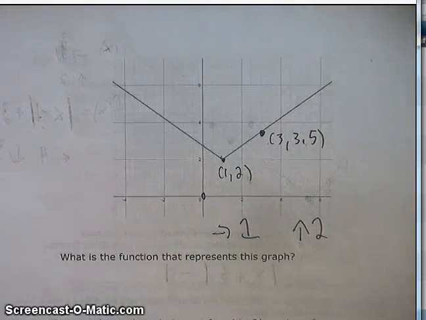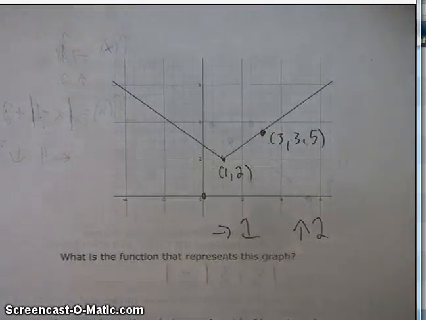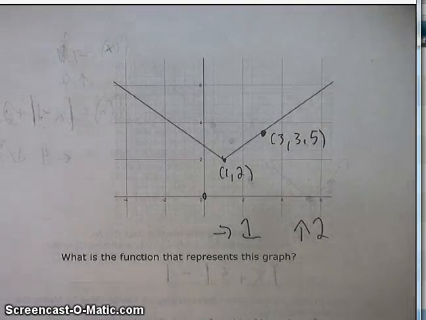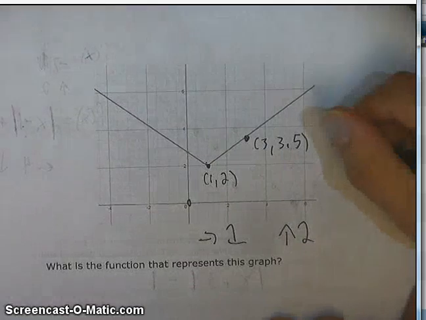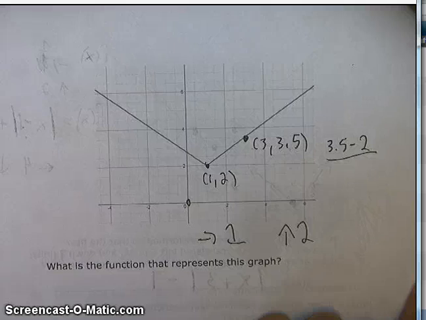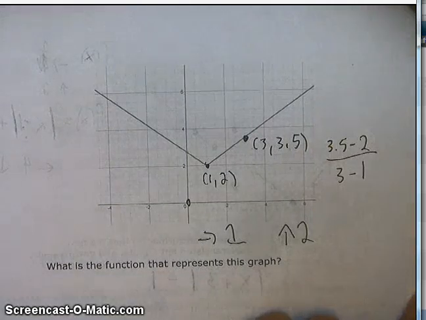So there's definitely something going on with the slope here, and we can just use the slope formula to figure out what it is. Remember, it's just y2 minus y1 over x2 minus x1 to get the slope. So 3.5 minus 2 over 3 minus 1. That's our slope.